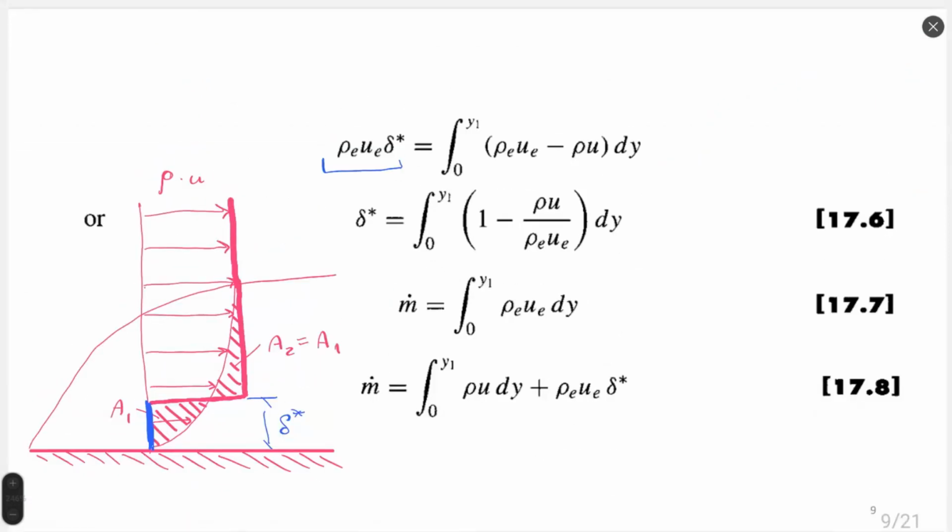You can see this relation on the right side of this function. Then dividing left and right sides by the product ρe UE, we obtain equation 6, which gives us the analytical definition of delta asterisk, the thickness where flow does not happen.